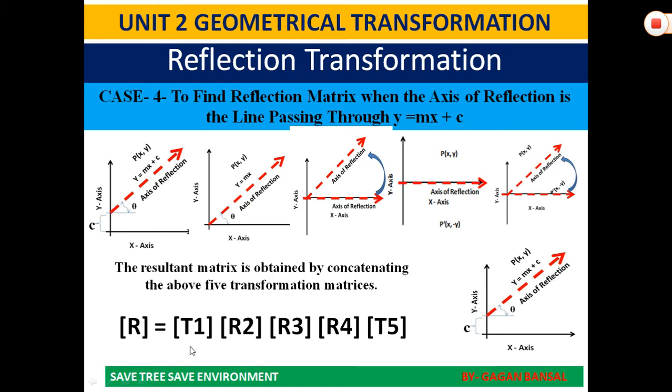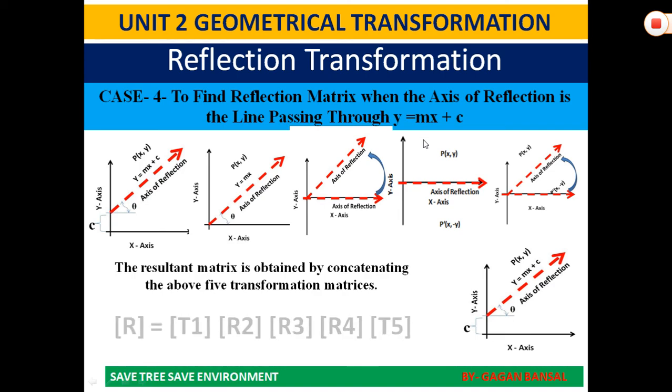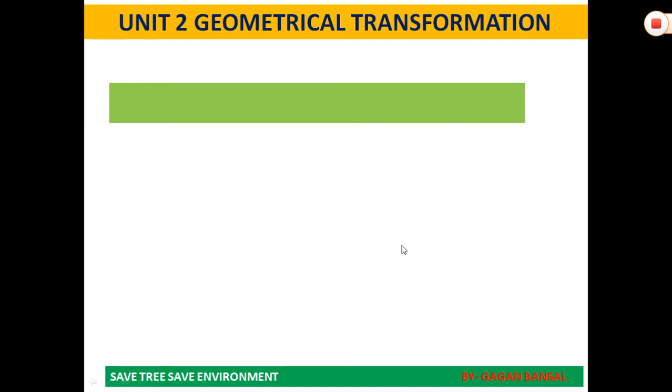Multiplying all these 5 will give you the resultant matrix for when the axis of reflection is the line y equals mx plus c. Hope it is very clear. Just make your own notes and revise it once. You will get all the concepts clear very effectively.